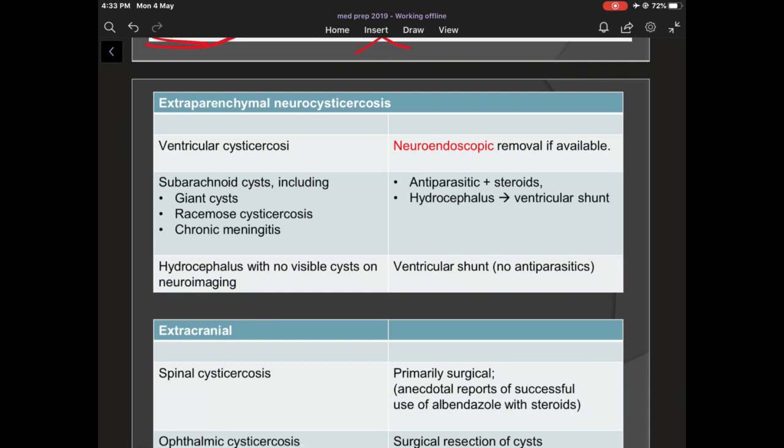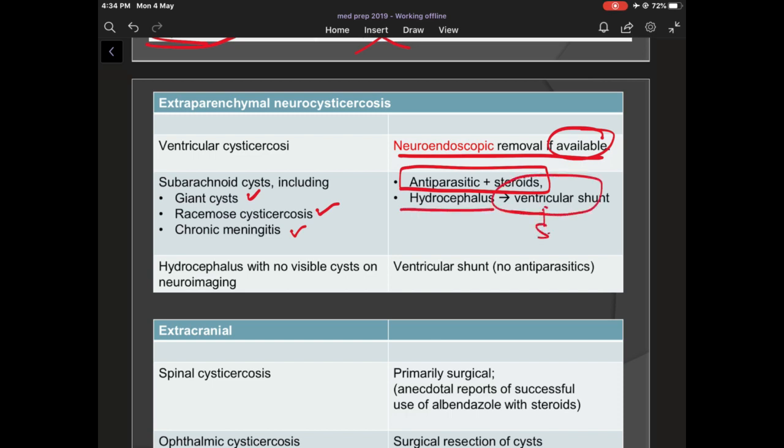In case of extraparenchymal neurocysticercosis, if there is ventricular cysticercosis, then we do neuroendoscopic removal, if it is available, of course. In case of subarachnoid cysts, including giant cysts, grape-like or racemose cysticercosis, or chronic meningitis, we give antiparasitic treatment plus steroids. And if hydrocephalus develops, we do ventricular shunting.